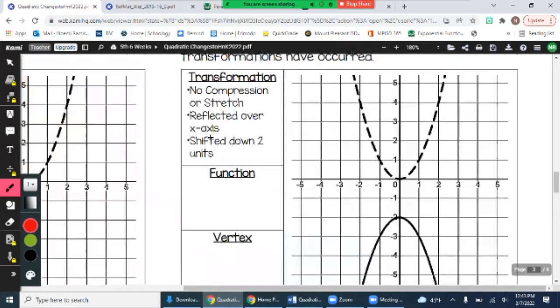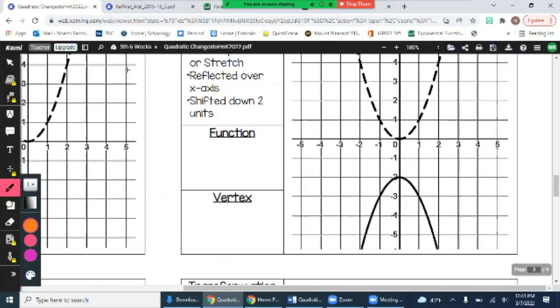All right, the next graph is this one. Let's start with the vertex. Always want to start with the vertex. See where the vertex landed. What is my vertex? What is the ordered pair? Not 0, 0. It started at 0, 0, and then it moved to 0, -2.